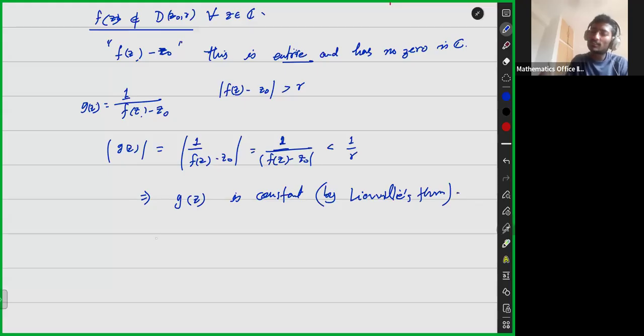Now once g(z) is constant, this will imply 1 upon f(z) minus z not is equal to some constant c.